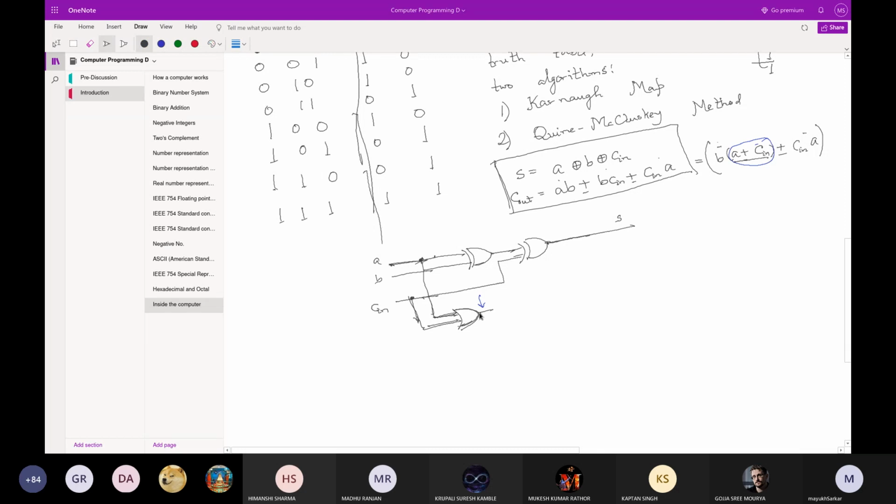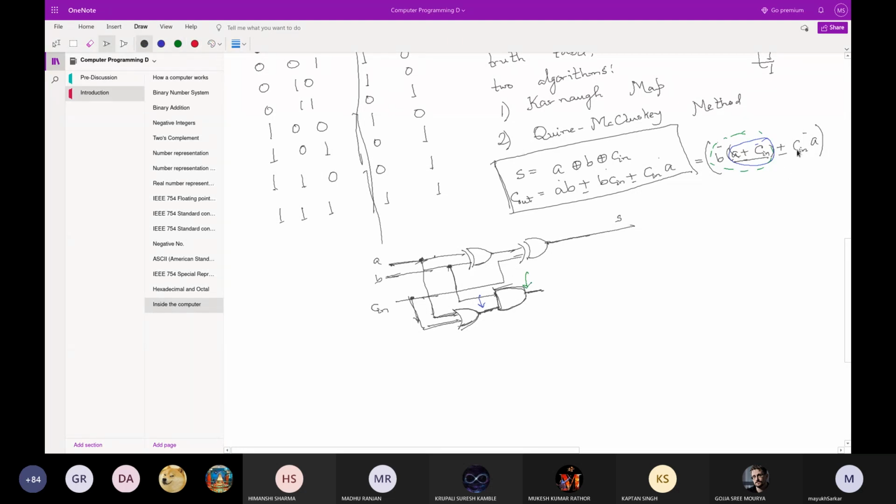Now I am going to AND it with B. This is an AND gate of this result and B together. You are getting the output from here.